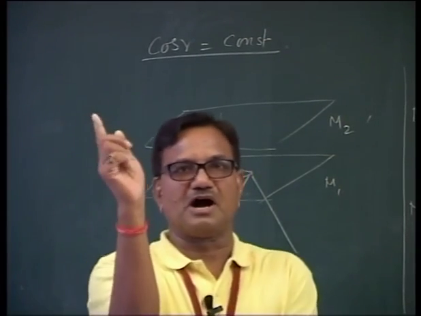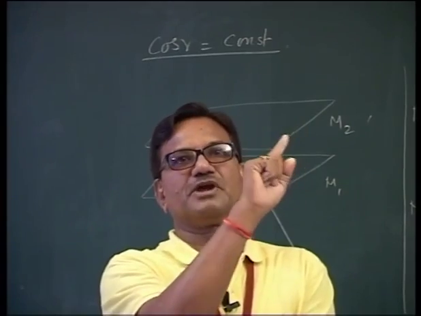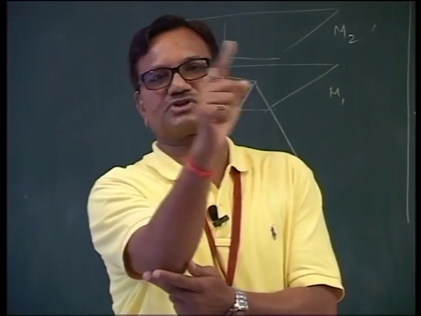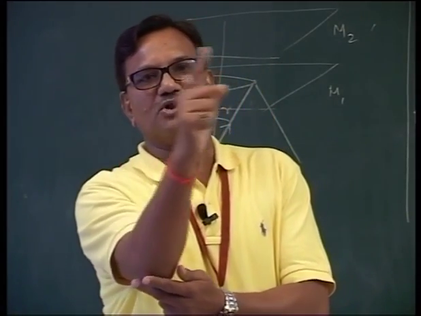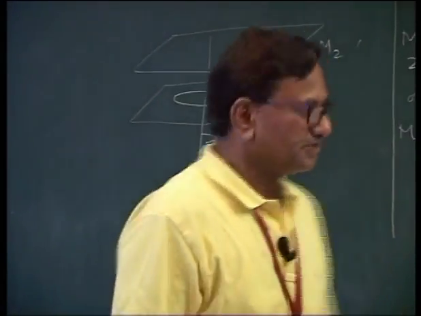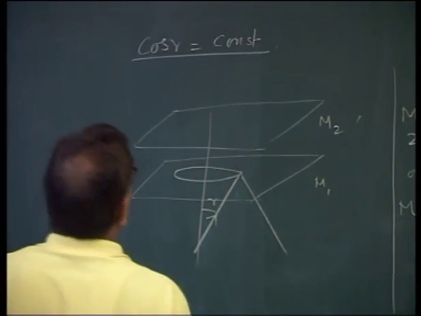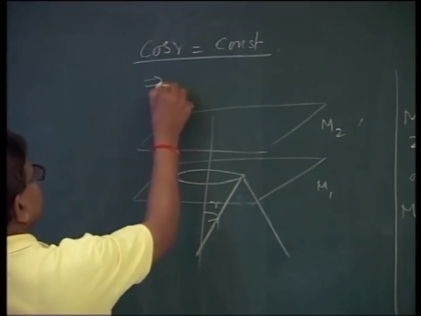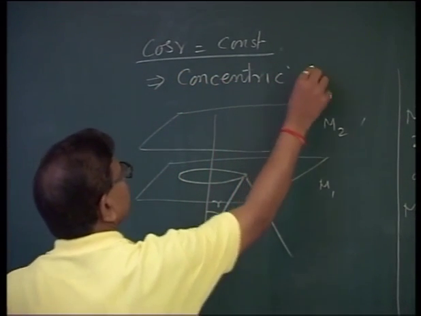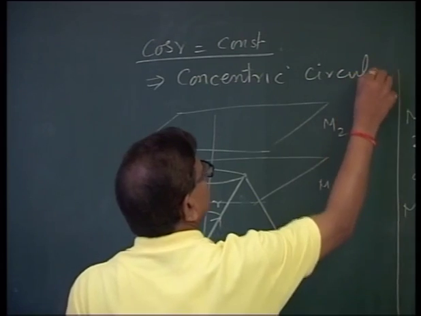The value of r remains the same because film thickness is the same everywhere, so cos r remains constant, and therefore the locus of cos r equal to constant is a circle. Therefore, we shall observe concentric circular fringes.